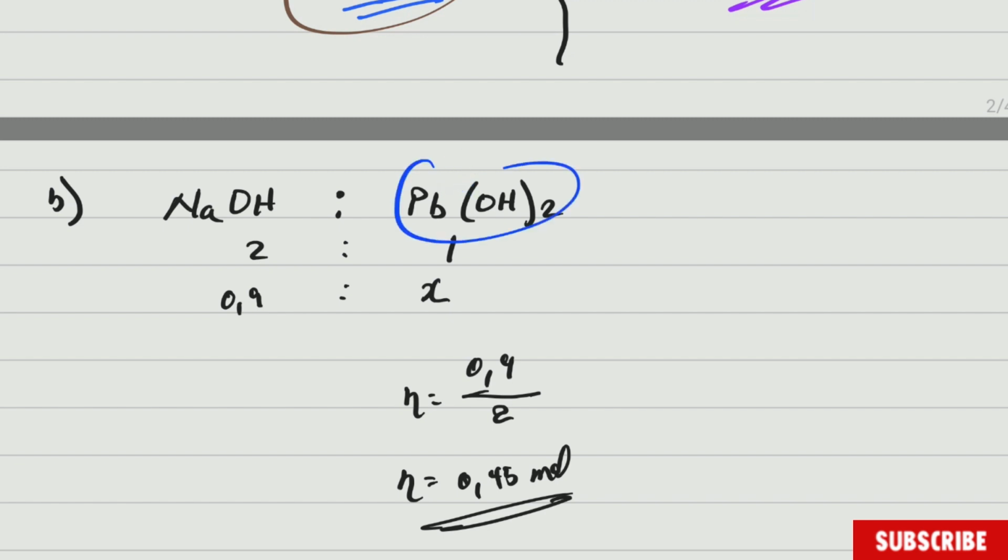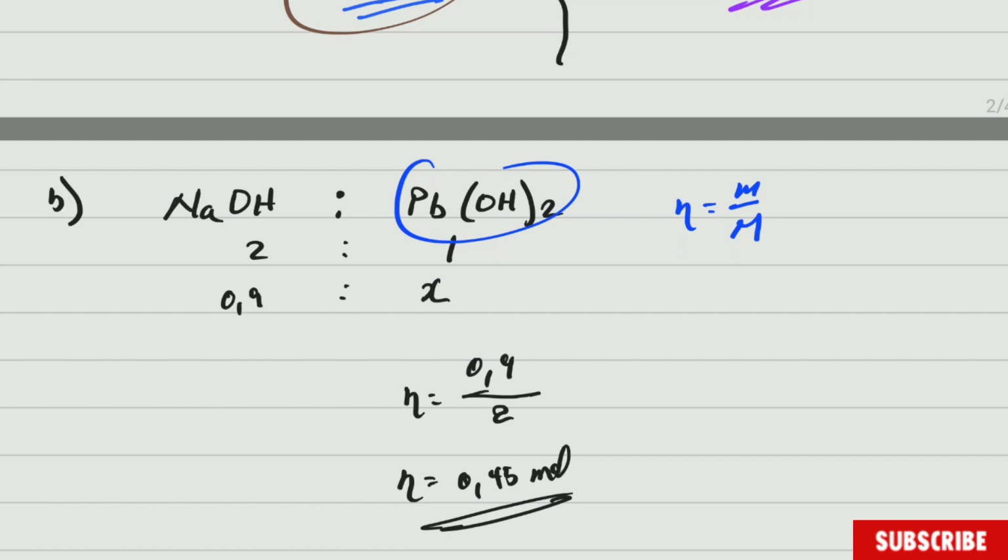And all we have to do is calculate the mass of lead 2 hydroxide. The number of mole is equal to mass divided by molar mass, so we need the molar mass. Let's do the molar mass for lead 2 hydroxide.